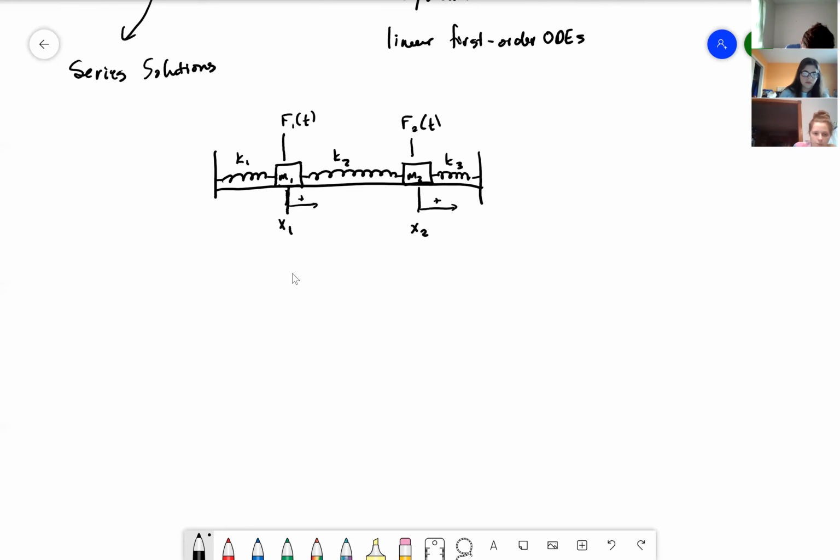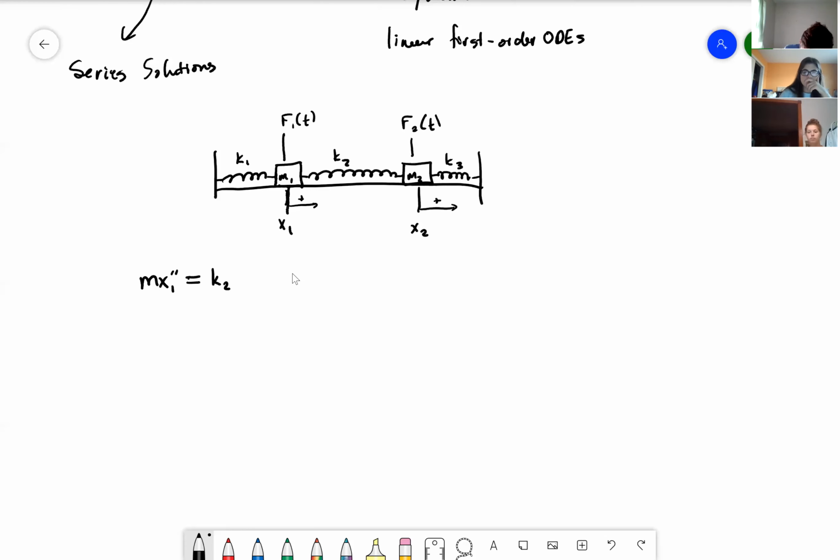Okay, so what does this look like? If we think of x1 as a function of t, then this is our mass times acceleration, and that should be equal to the force applied to this. And there's a force due to this spring K2 here. That's the spring constant K2. That depends on how far apart these masses are stretched.